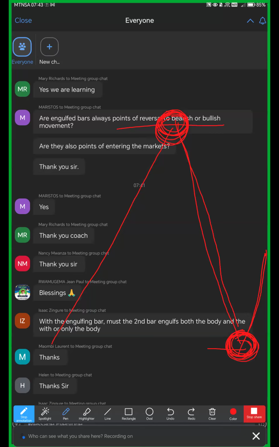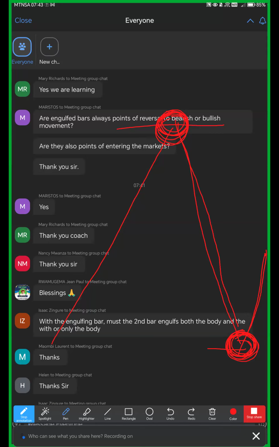With the engulfing bar, must the second bar engulf both the body and the... It should really engulf. When I say engulf, I mean engulf. Isaac, the second bar must cover.